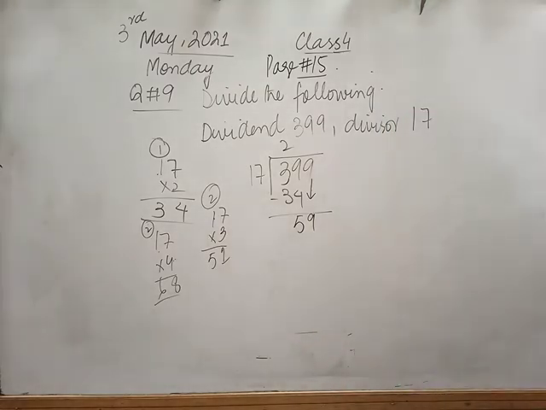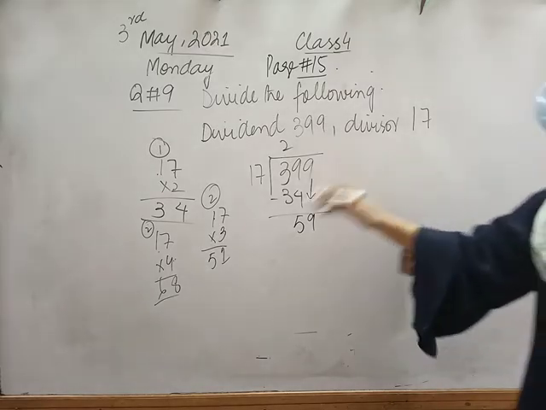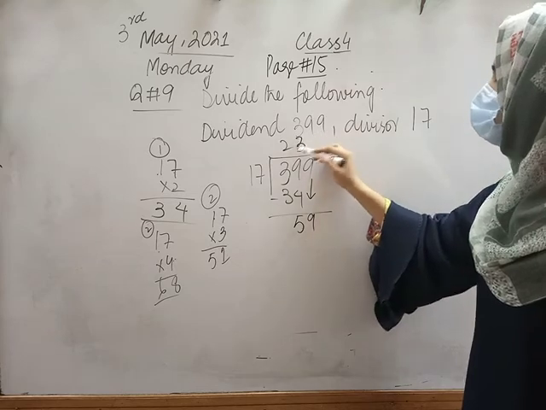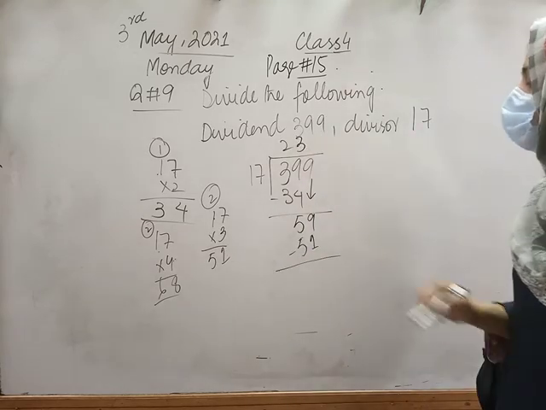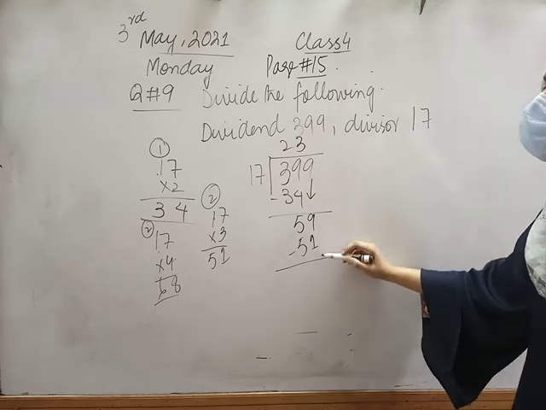So what would we do? अब हम क्या करेंगे? Should we take 17 3 times which is equals to 51? ले सकते हैं हम क्या? Very good. So we will write 3 times 51.